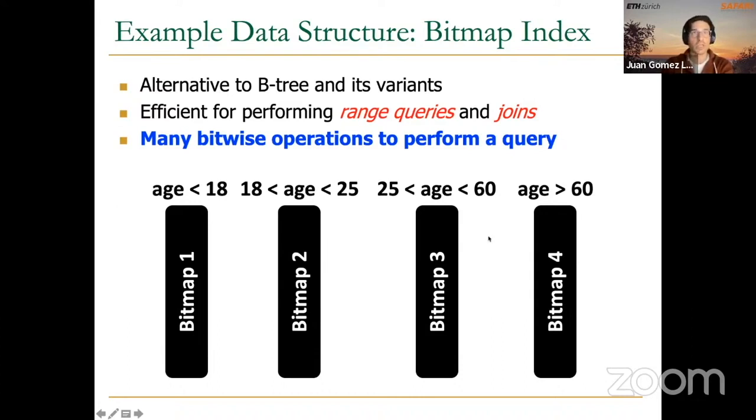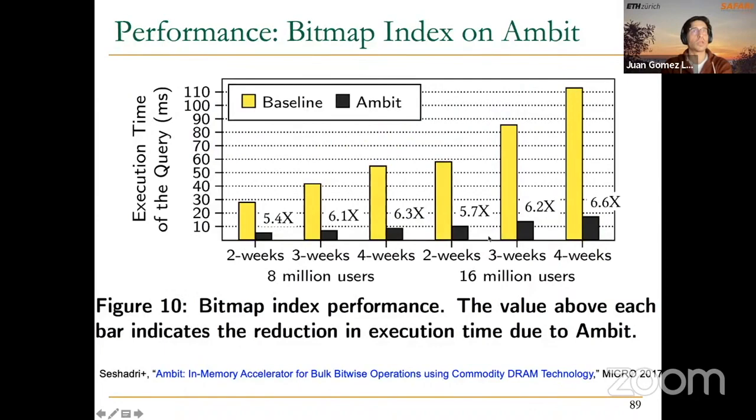For this bitmap index on Ambit, we observe very good performance improvements, a reduction in the execution time of up to 6.6 times. The reason why the performance improvement is not higher is because not everything has been offloaded to Ambit.